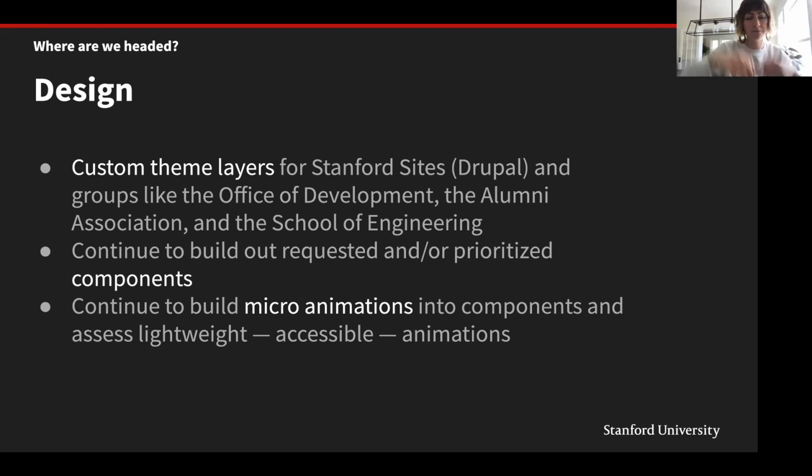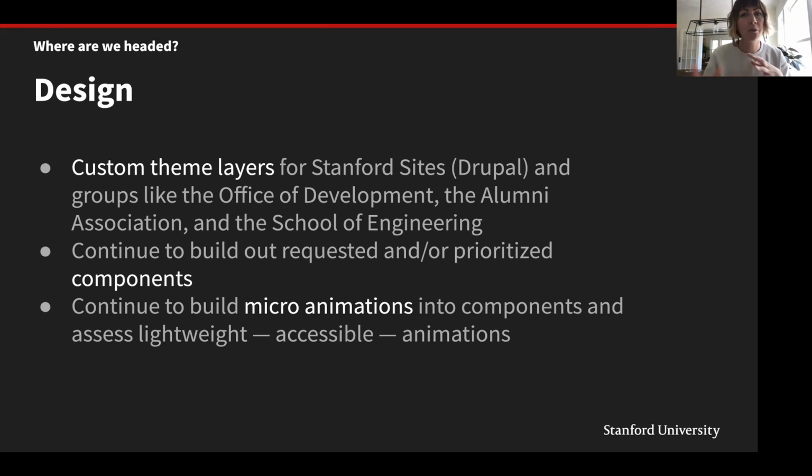So we're pulling up right from the bottom of Decanter. We're going to continue to build out requested and or prioritized components. So, to a degree that has a lot to do with the projects that are actively employing Decanter and where we need to create new things. I do think that as far as the component system goes, and design really is focused on the component system, I know that there's a lot more that's offered through the code.